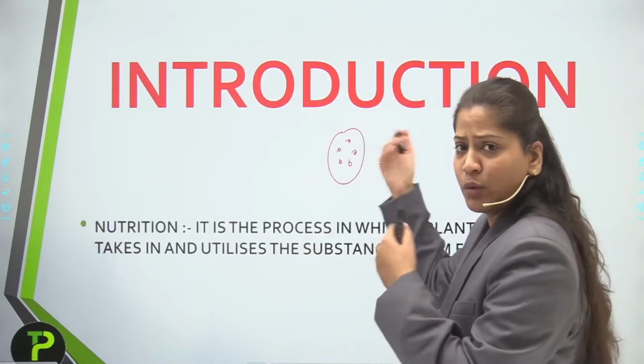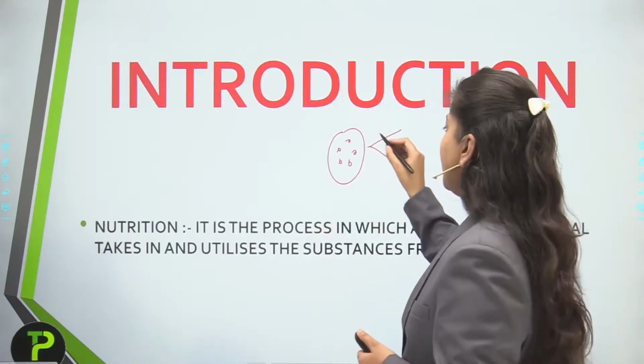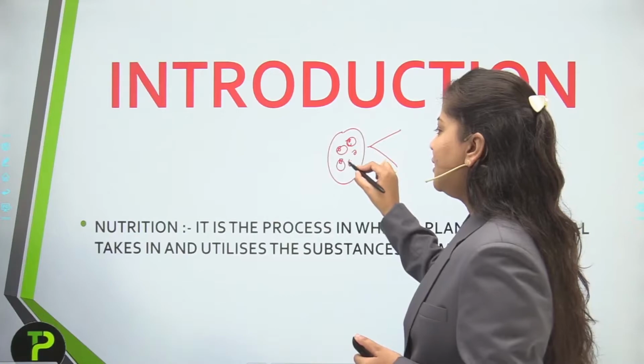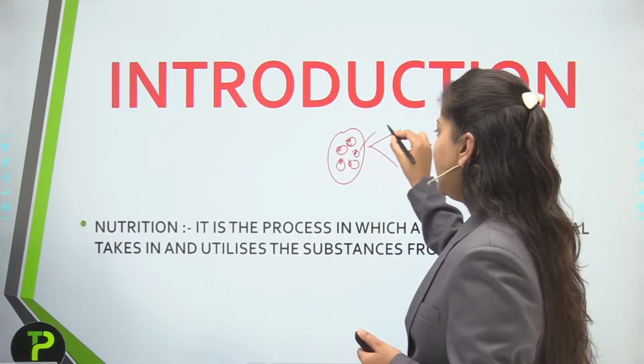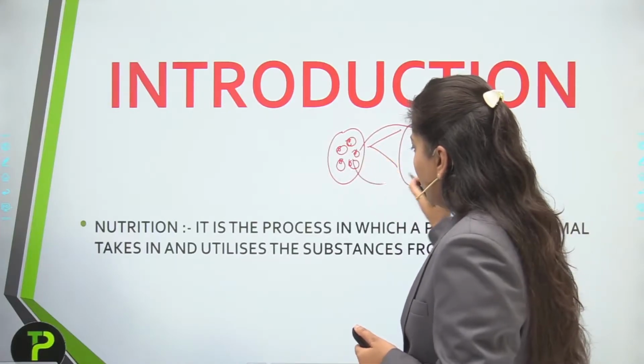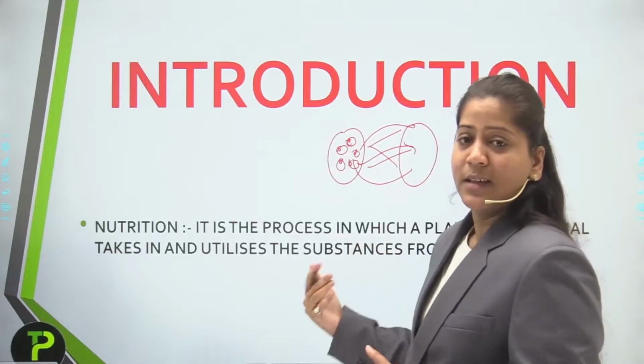That food is utilized by human or animal or any organism. The contents or substances present in the food is only utilized by that organism. The mode by which organism taking in is the nutrition.